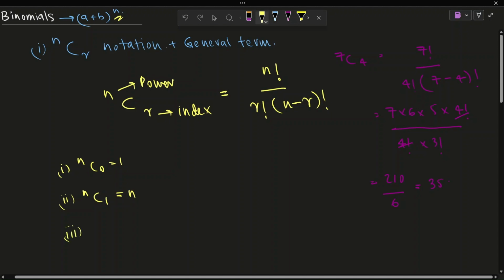Number 3 says that nCr can be equal to nC(n minus r). So that means 7C4 could be written as 7C3 as well, because 7 minus 4 is 3. And finally, number 4 says that nCn is equal to 1 as well. Sorted? Okay.